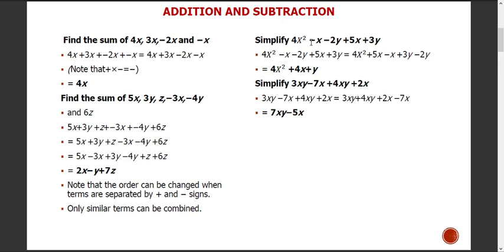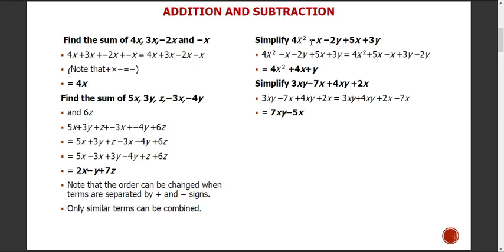So we shall maintain our 4x squared because it doesn't have any other like term. Then we can treat negative x and 5x as like terms, and then negative 2y and positive 3y as like terms. So our result will be positive 4x squared plus 4x plus y.